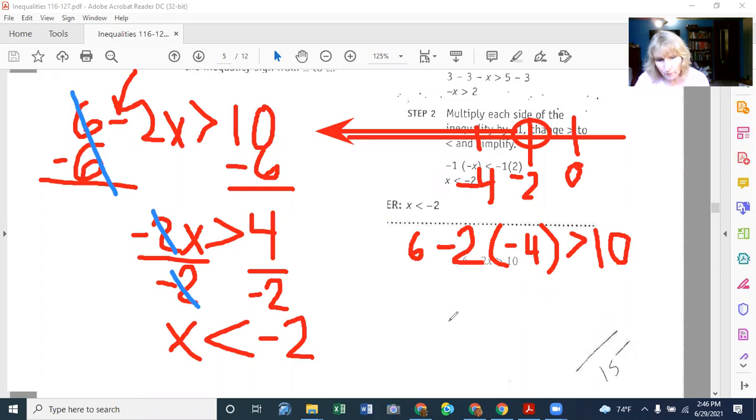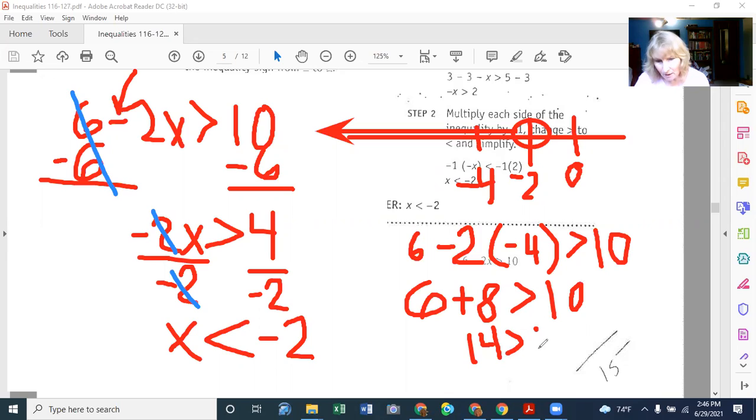Do the multiplying first. 6 minus 2, well, we can do negative 2 times negative 4, which is positive 8. So it's 6 plus 8 is greater than 10. And then we can say 6 plus 8 is 14. And 14 is indeed greater than 10. So that is a true statement. So we have solved our inequality correctly.